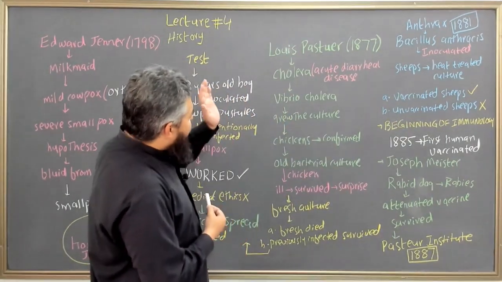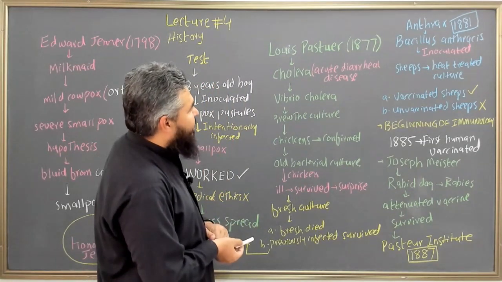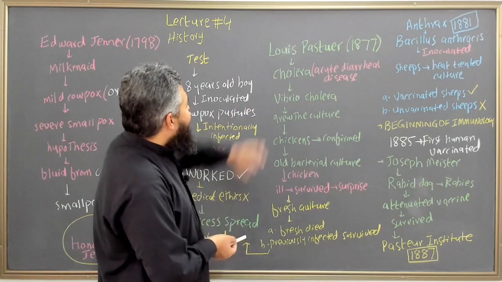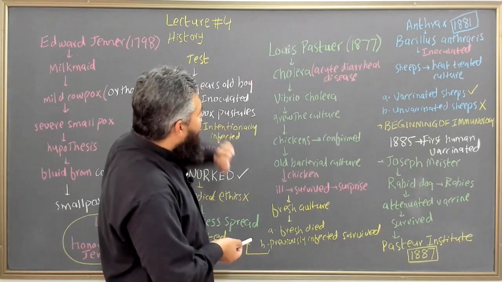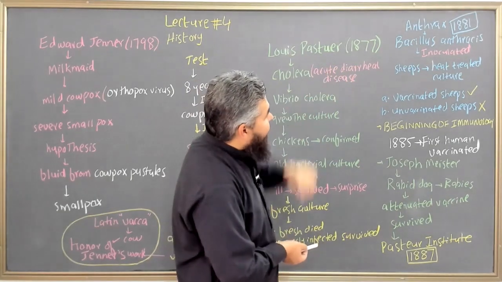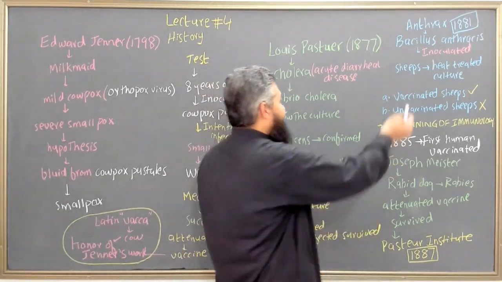Now, after that, Louis Pasteur did some other experiments as well. He performed the experiments on the cholera in 1877. Then he worked on the anthrax in 1881.